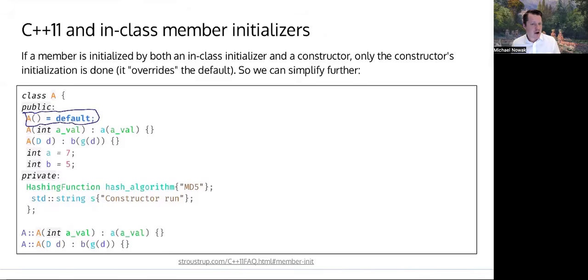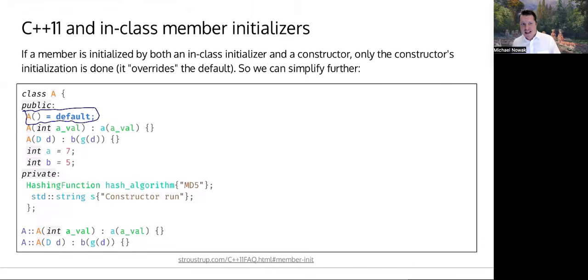The parameterized constructor that took an integer as its argument specifies that A should receive that value as its starting value, and that will override the 7. Likewise for B, which is initialized with the return result of function G invoked on D, and that would override the 5.